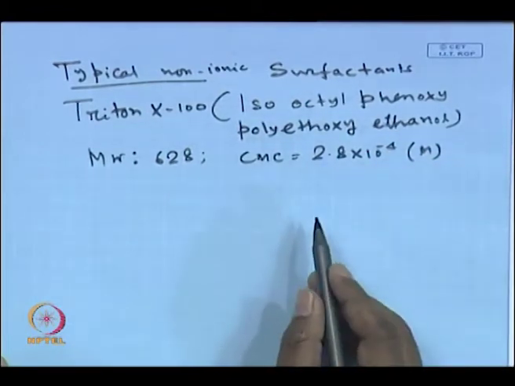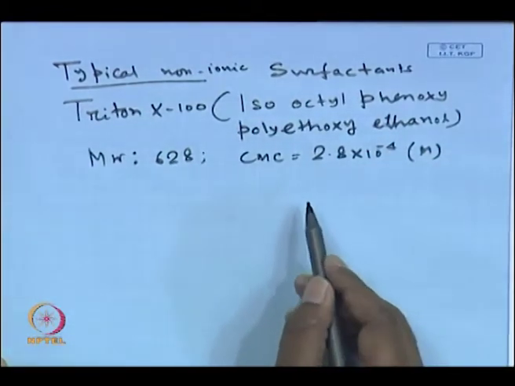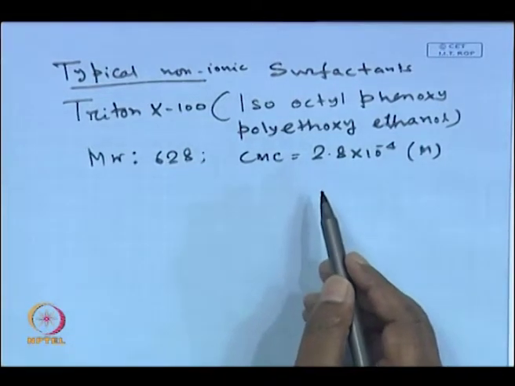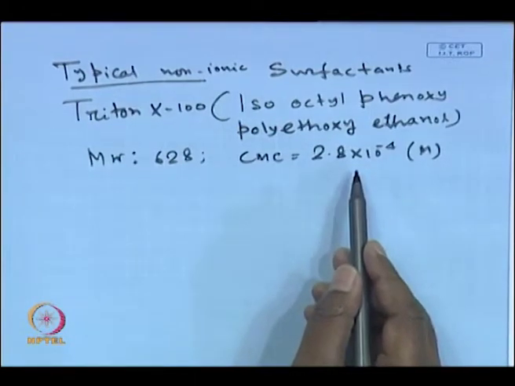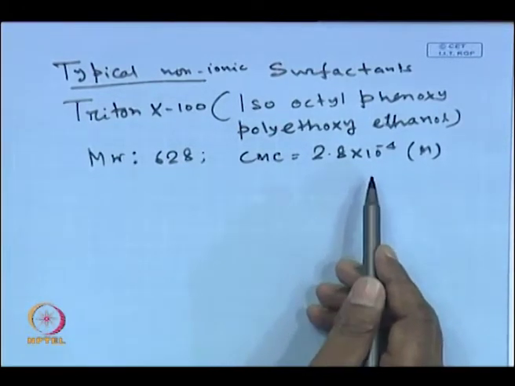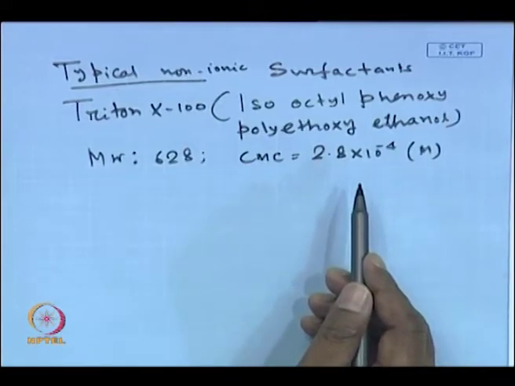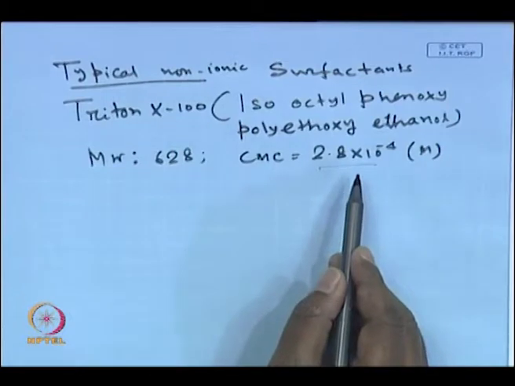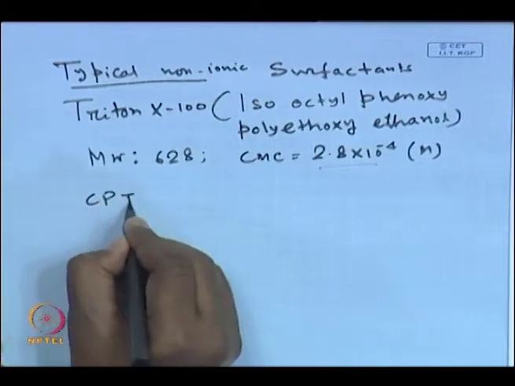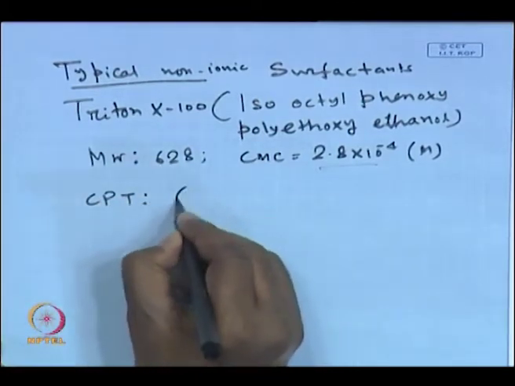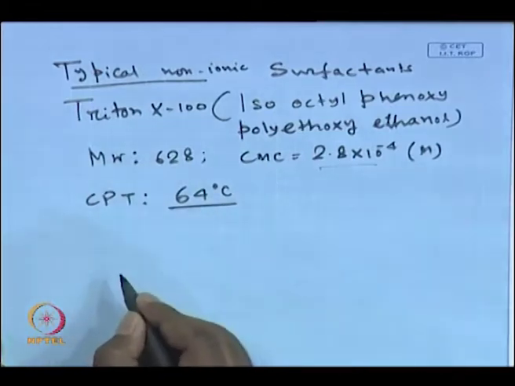That means, if you add the Triton X surfactant in the aqueous solution such that its concentration goes beyond this value, it is so small, in the order of 10 to the power minus 4 molar, then even with several drops of this surfactant, if its concentration goes beyond this value, they form micelles. So, spherical surfactant micelles will be formed, and the cloud point temperature for this surfactant is 64 degree centigrade.